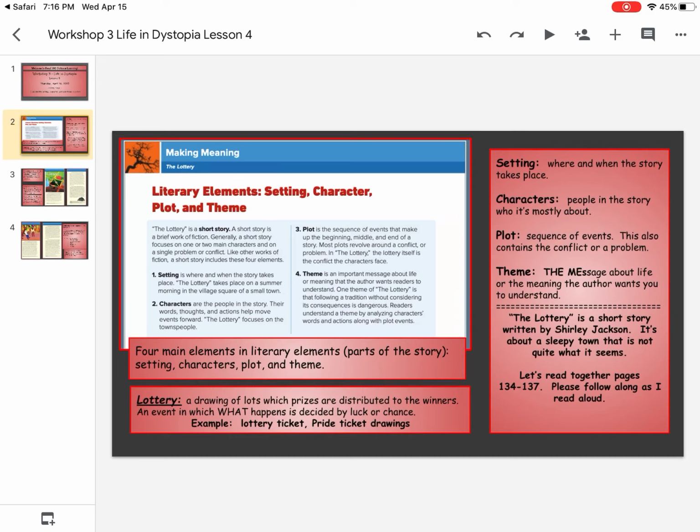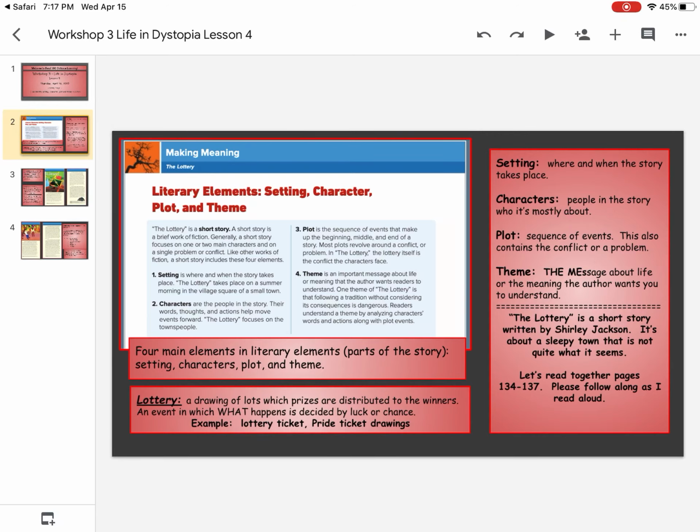We're going to try to understand that theme better by analyzing what the characters say and do and their actions as they go through this sequence of events. So again, when you think of literary elements, you just think of them as parts of the story. Those are the 4 that we just got done talking about: setting, characters, plot, and theme.